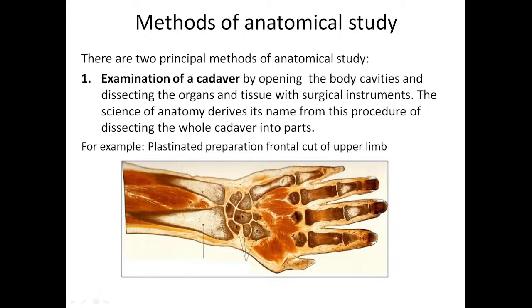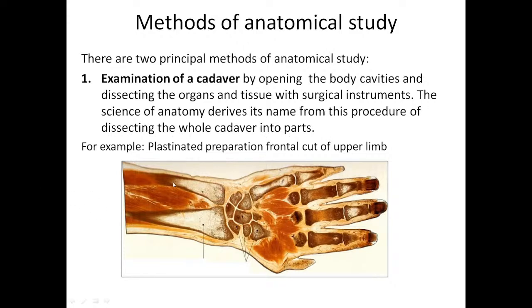The examination of the cadaver is done by opening the body cavities and dissecting the organs and tissue with surgical instruments. The science of anatomy derives its name from this procedure of dissecting the whole cadaver into parts.